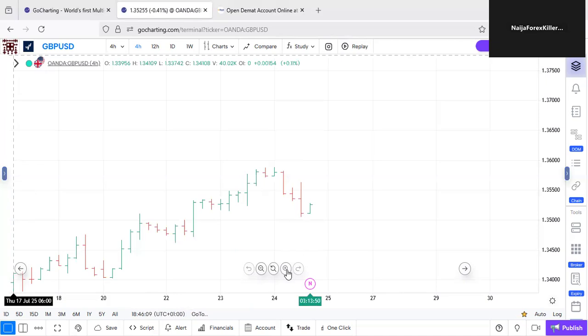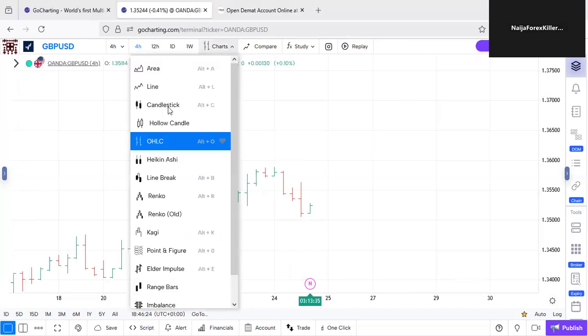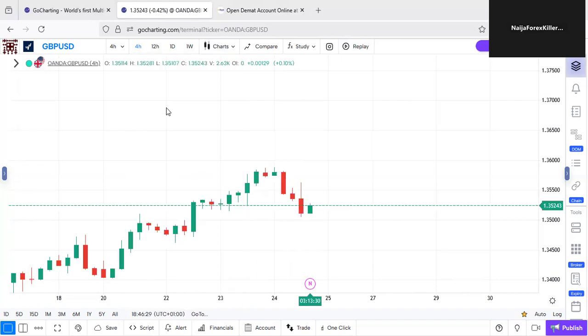Once you analyze how it goes, you are perfect. Maybe your strategy works with this one and it will be perfect for you. But basically we normally use candlesticks because that's the one we understand the most.